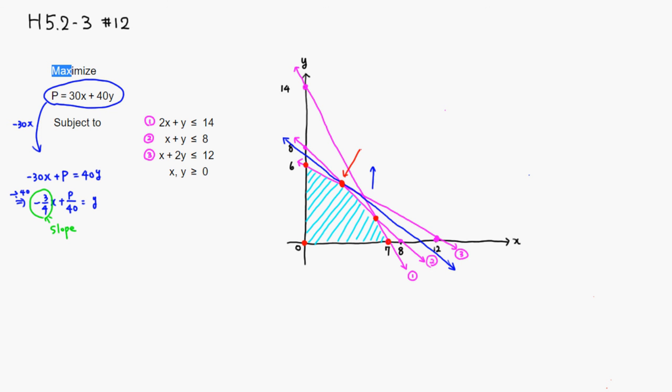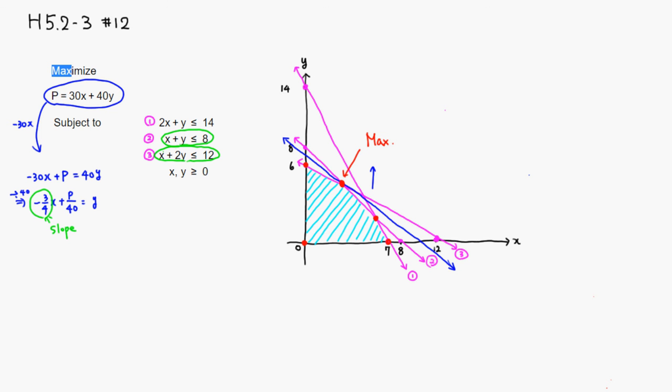But we need to find that point. Since this is an intersection between borderline number 2 and borderline number 3, we have to look at these two.